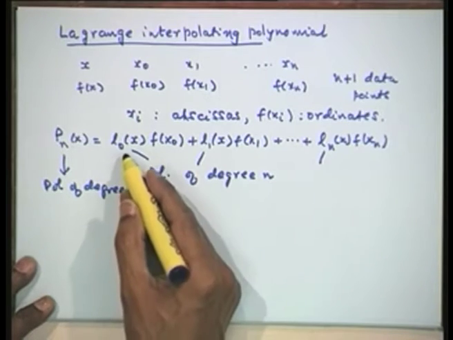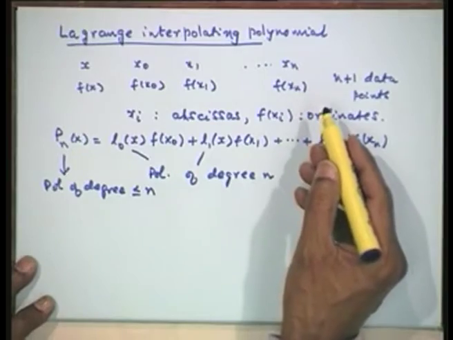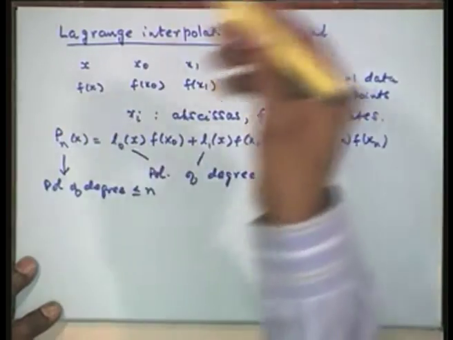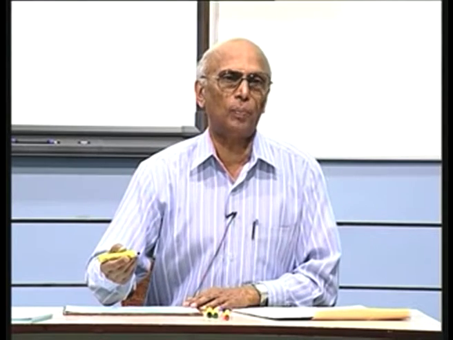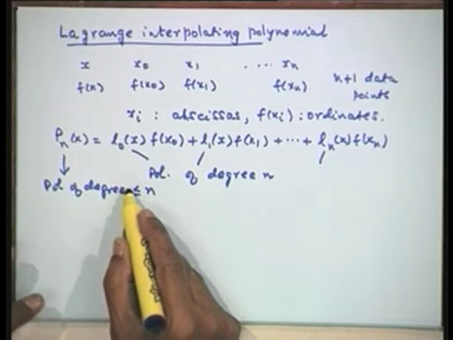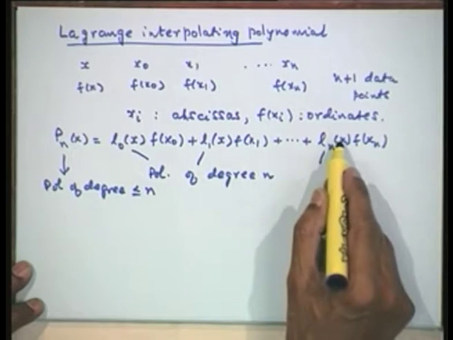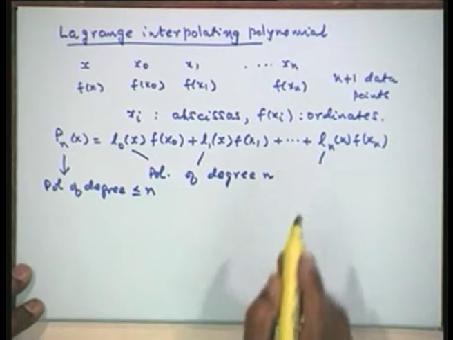If the leading terms cancel here, then it is going to be a lower order polynomial. For example, we might have been given 100 data points, but they are all lying on a straight line. So, the 100 data points will be representing just a linear polynomial and not a polynomial of degree 99. Therefore, Pn(x) may finally be a polynomial of degree less than or equal to n, while L0, L1, ..., Ln(x) will be polynomials of degree n only.